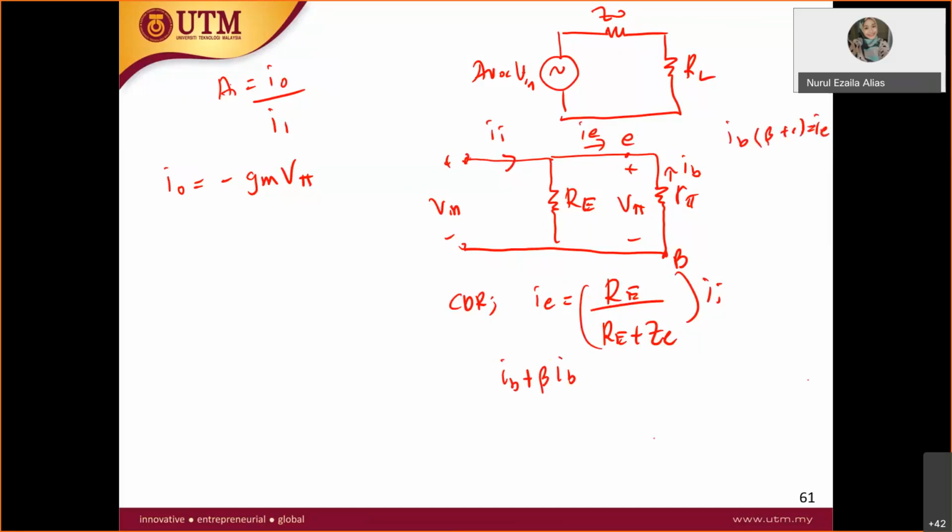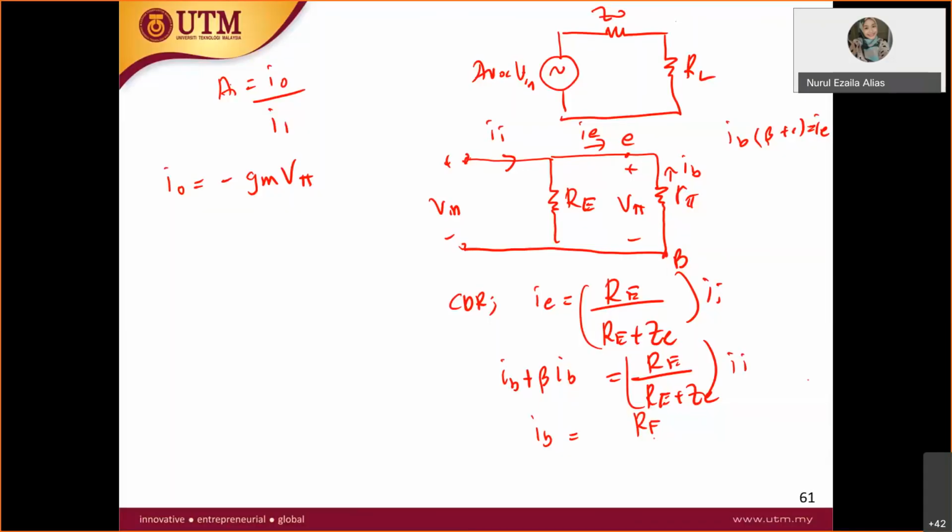Same thing, and it is equal to RE over RE plus ZE times IE. So IB is equal to RE over RE plus Z in, times I in.